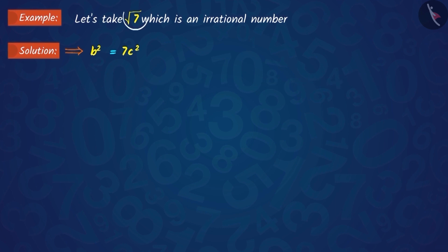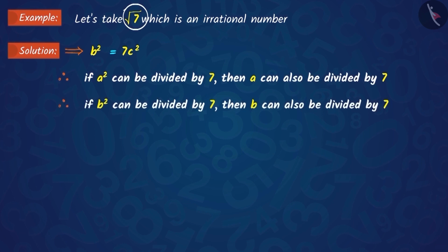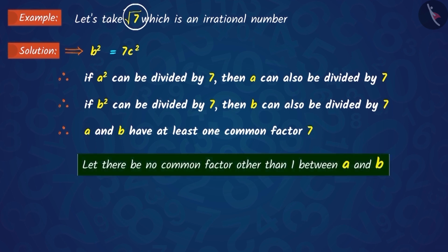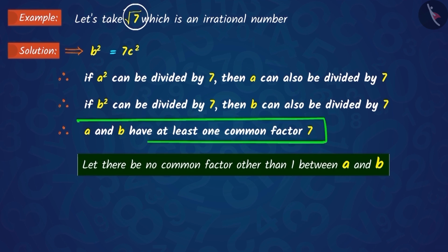According to the given irrational number square root of 7, we get two results here. Thus, we know that a and b have at least one common factor and that the common factor is 7. Note that we had assumed that a and b do not have any common factors other than 1, whereas the opposite, a contradiction, is obtained.